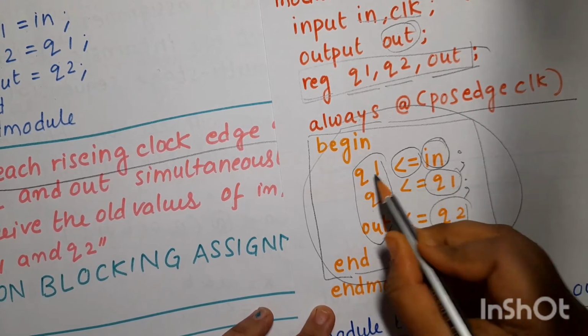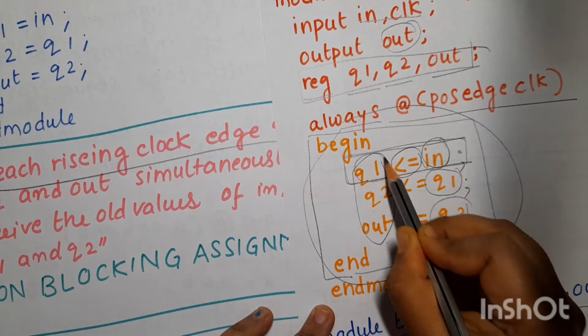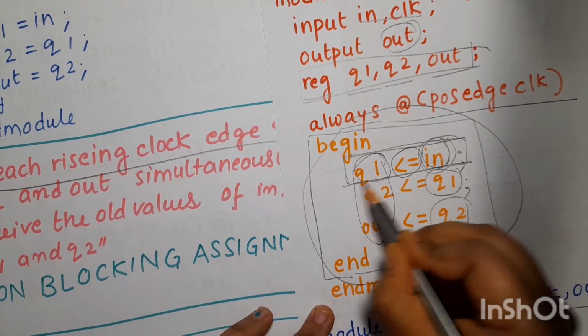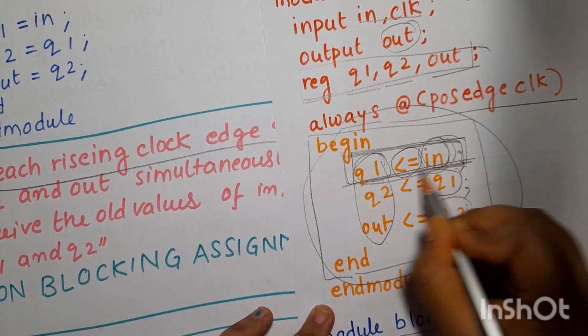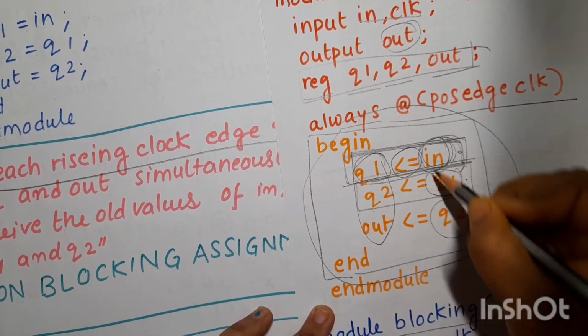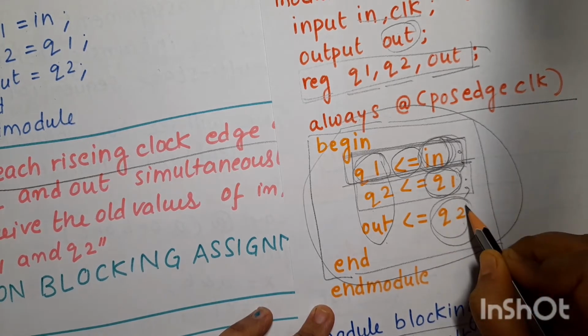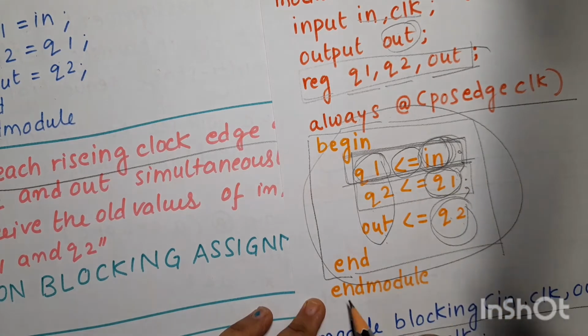Because we are not stopping for the assignment to Q1, we are just evaluating the in. So we will not wait for the statement to get finished and then move to the next statement. Rather, evaluation will happen, we will move to the next statement. Assignment to Q1, Q2, out will happen once we end out of this always block.